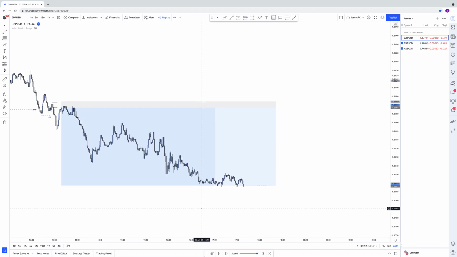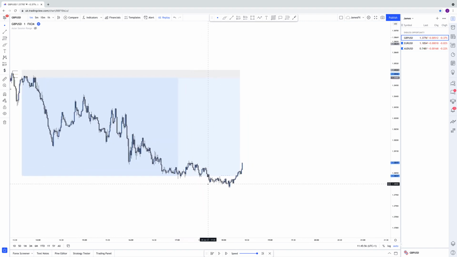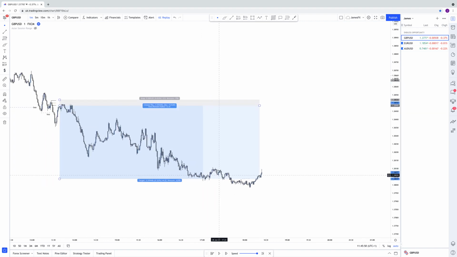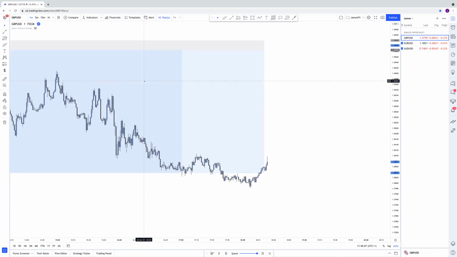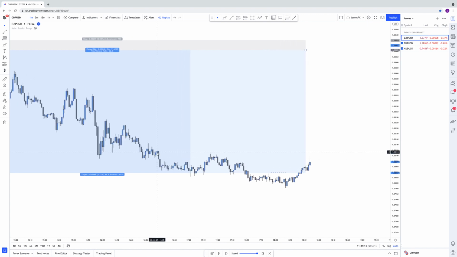Just run it forward now. Once we get deeper into the move, obviously I'm running decent profit, so I want to be more aggressive with my stop loss and lock in a bit more profit. And we pushed down here. I was looking at this, we broke that structure there.